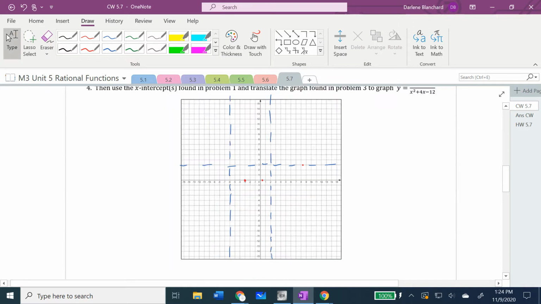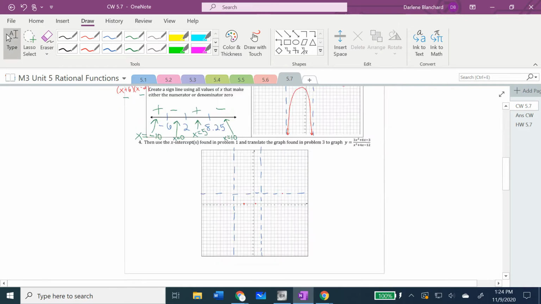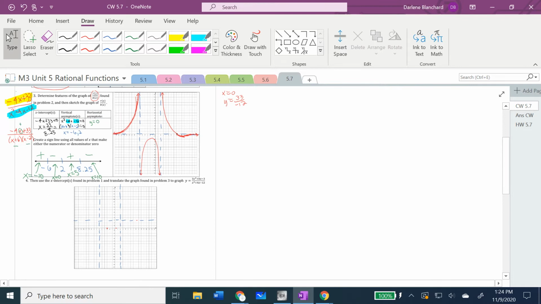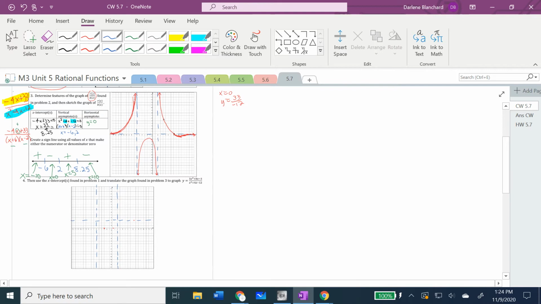Now, I've got enough information to take the graph that I had over here and move it up 3 units. So basically, I know it's going to down here just kind of go like that.